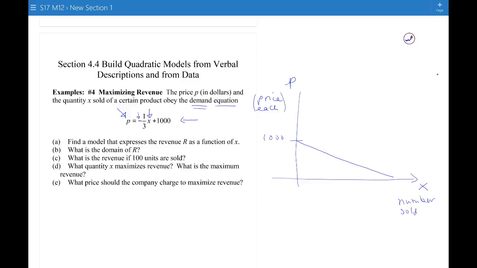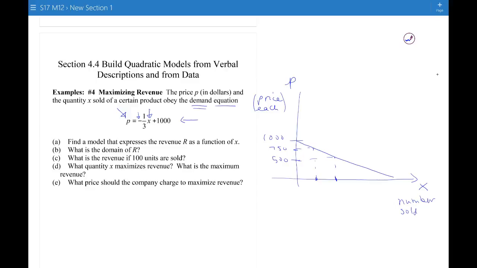Well, that kind of makes sense because if when I'm charging, say, $500 and I'm selling whatever this number is, then it does seem to make sense that if I charge more, like if I charge $750, I would sell fewer because it costs more.